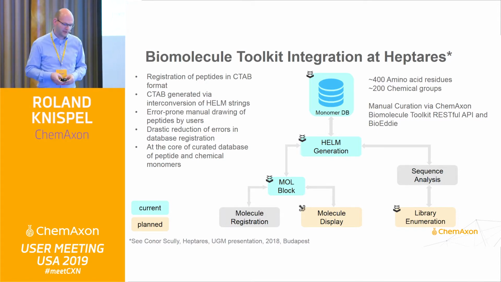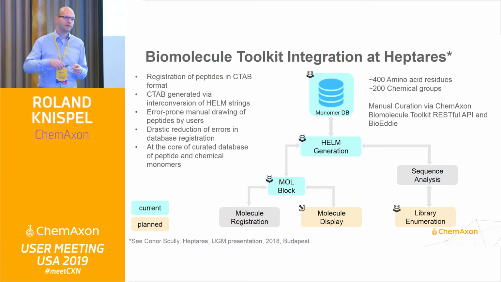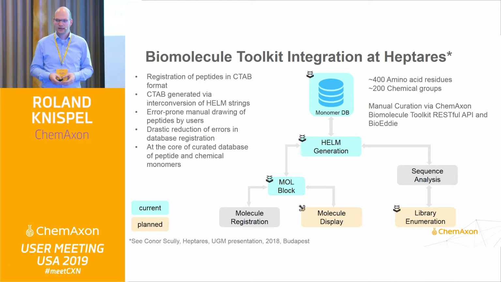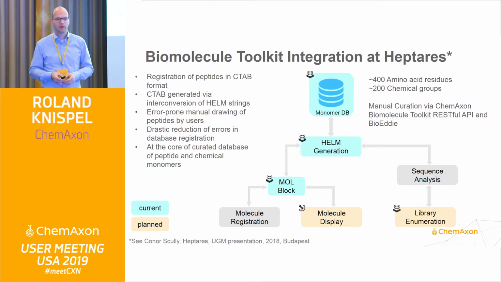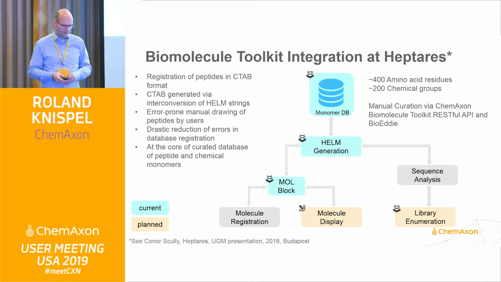So they took our toolkit and started to dig through their molecules in order to establish a monomer library, meaning the amino acid building blocks they're using to synthesize those peptides. We ended up with a set of around 400 different amino acid building blocks, and in addition about 200 chemical modifications that may sit as decorations on these building blocks.